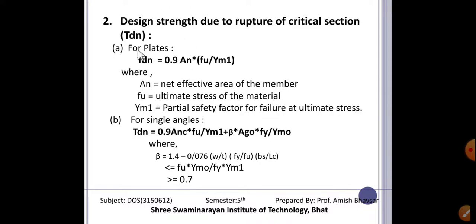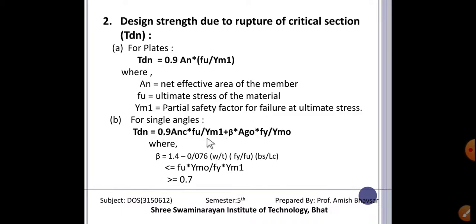If we are going to take a plate, the equation is TDN equals 0.9 AN into Fu upon gamma m1. That Fu and gamma m1 we know, but AN is the net area of the member.